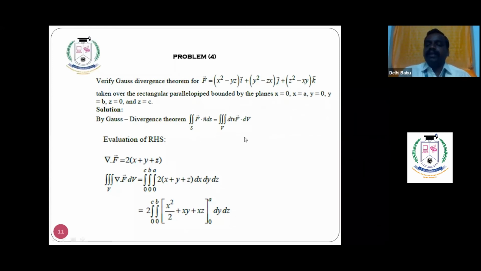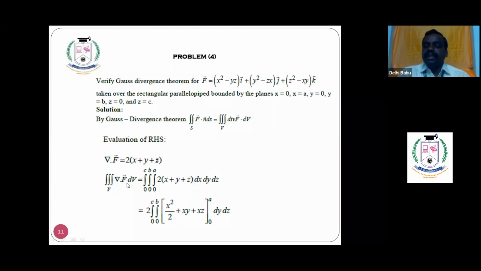Now the right-hand side part of the Gauss divergence theorem is the triple integral over V, where V stands for volume, of the divergence of F, that means del dot F, into dV. So del dot F value is 2(x + y + z).